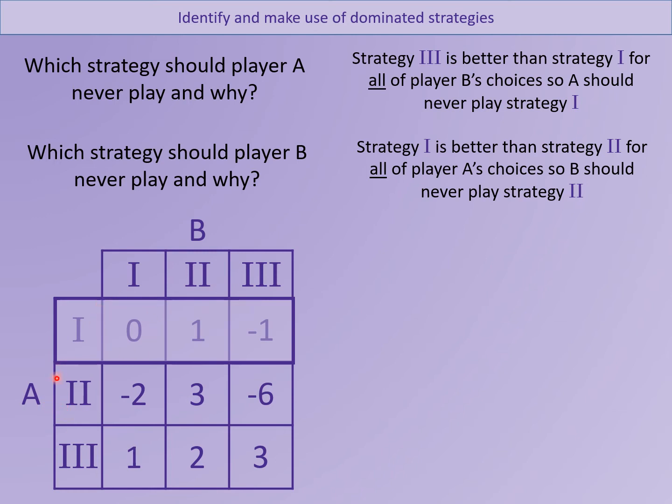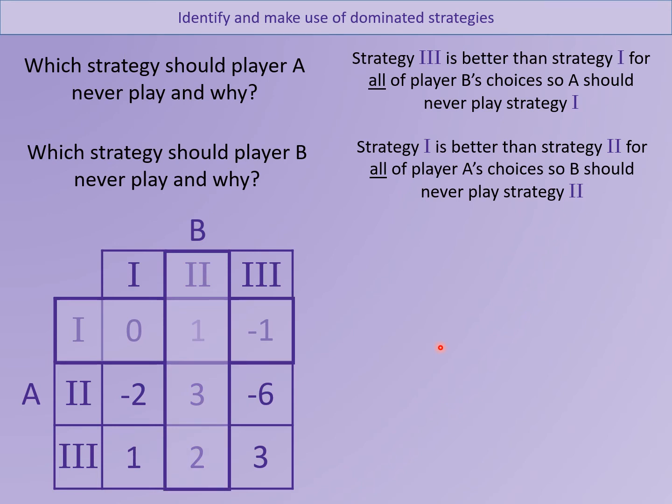If A were to choose option 2, B will either win 2 or lose 3. Winning 2 is better. And if A chooses option 3, then B will either lose 1 or lose 2. And although they both involve losing, 1 is better. So we can see that B will always choose strategy 1 over strategy 2. So therefore, strategy 2 can be removed for B.